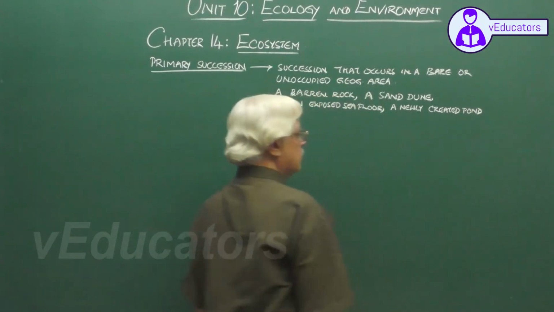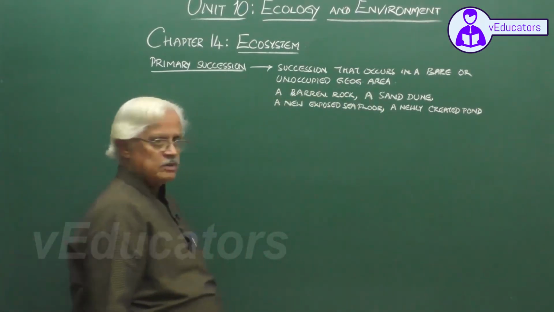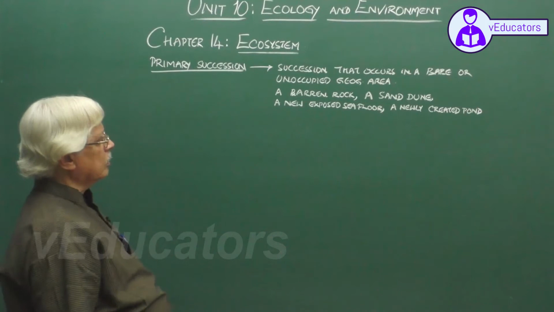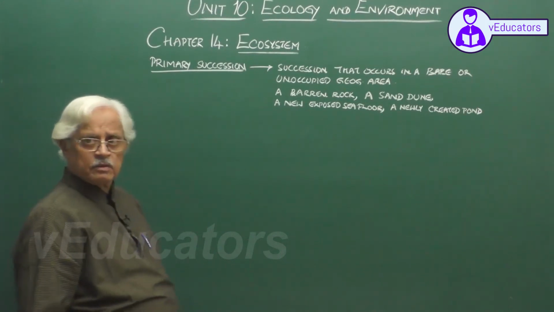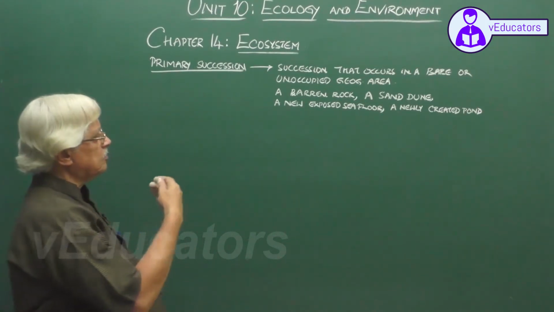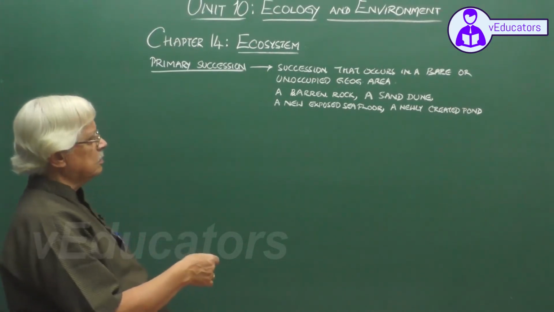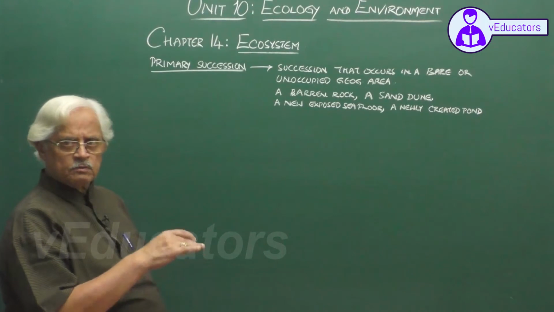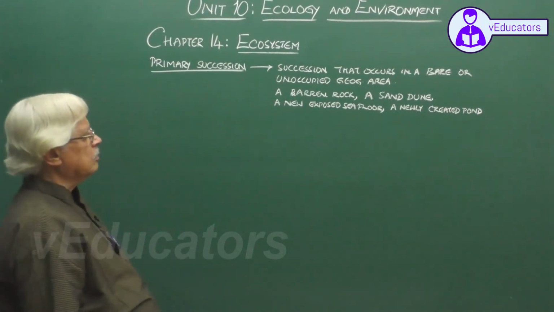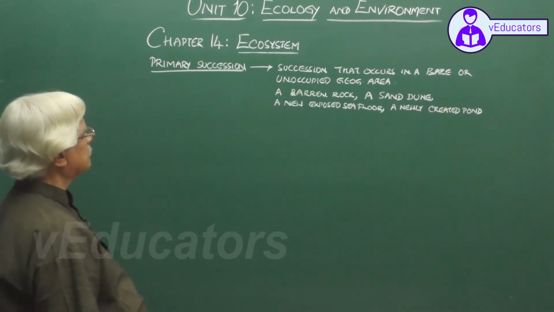These are some of the examples of geographical regions where succession begins in a place where no biotic community is found occupying that region.